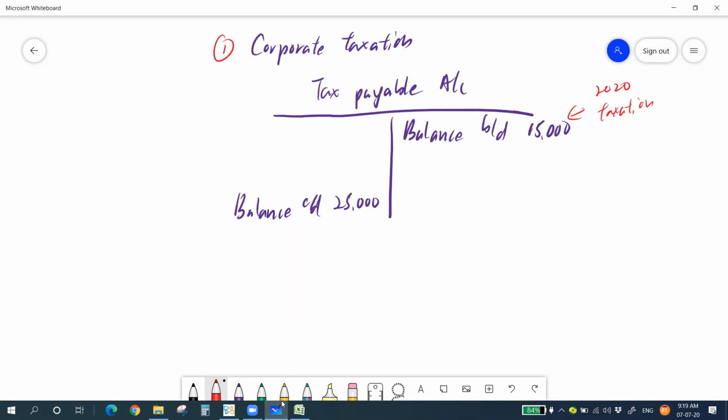So 2020 taxation we will pay during the year 2021. So tell me, for the payment of your income tax, should I indicate it on the debit side or the credit side? Tell me, class. In your tax payable account, should I debit or credit?